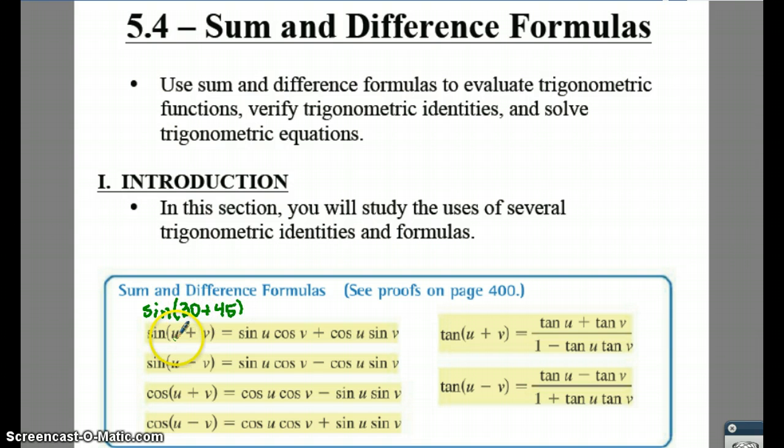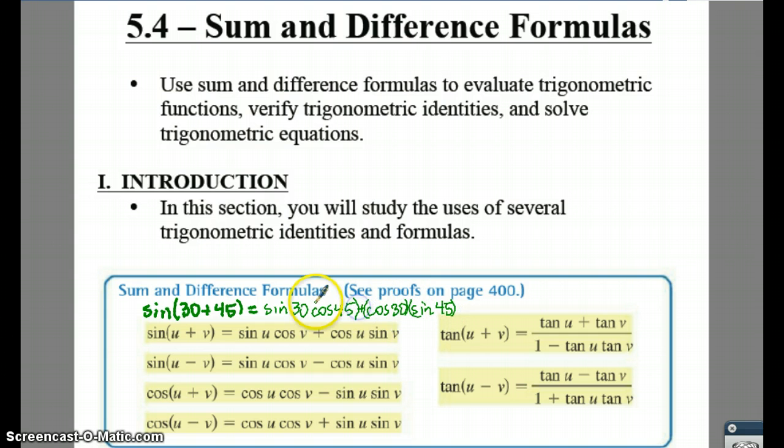If 30 represents your u, then you would write this out as the sine of 30 times the cosine of 45 plus the cosine of 30, because that's your u, times the sine of 45.